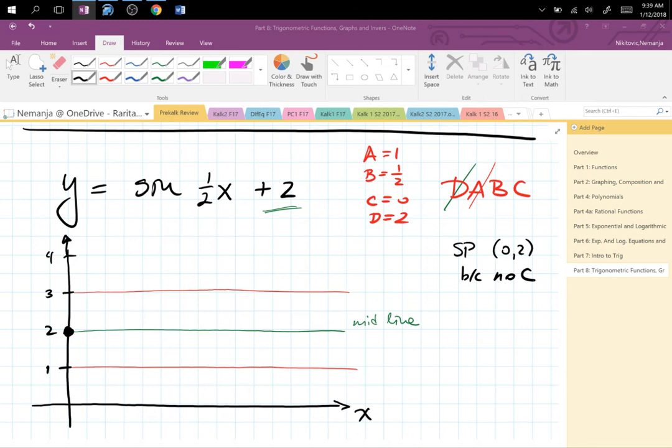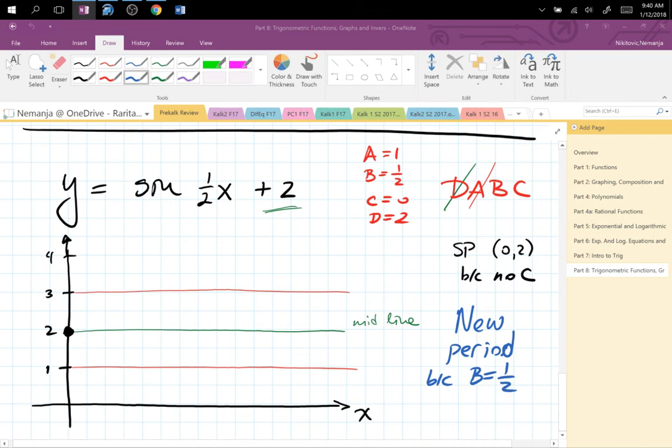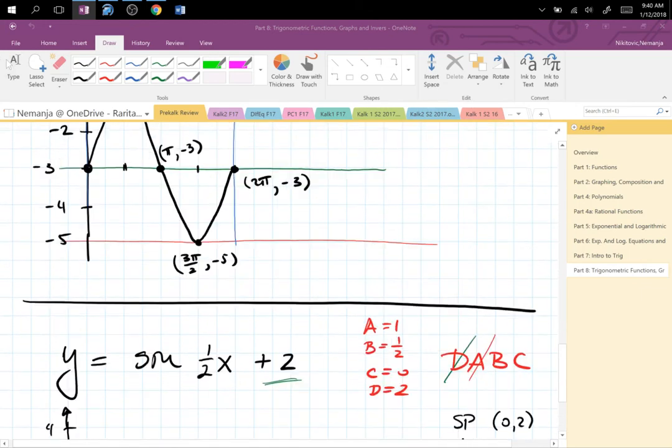So now we have that, and at this point I need to calculate the new period, and that is going to be our new stuff. So new period, because B is equal to 1/2. So how do you calculate the new period? Well, the formula, remember what I said up there?